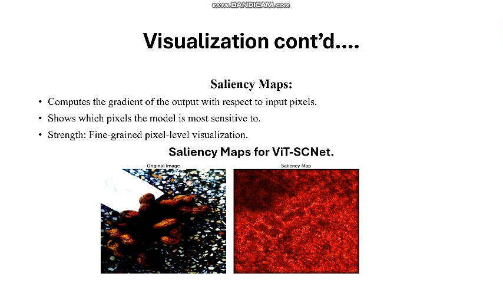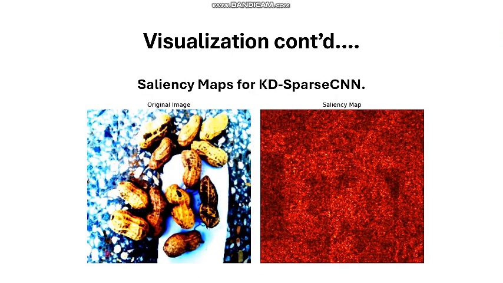And then it's the same story with saliency maps for the knowledge distillation sparse convolutional neural network. On the left is the original image, and on the right is the saliency map output, and we can observe the vibrant red colors.